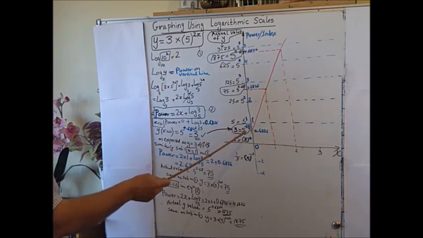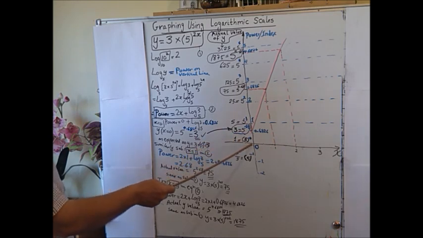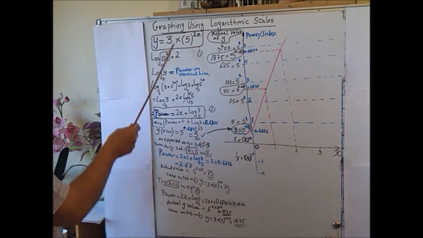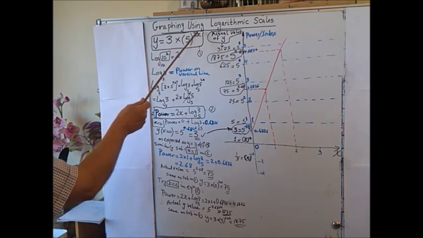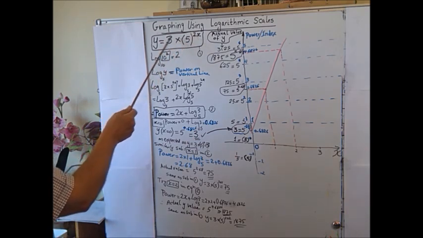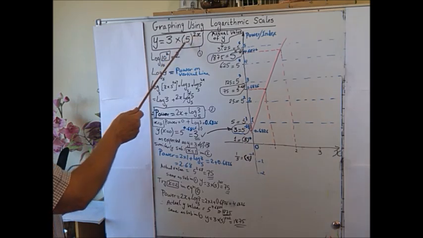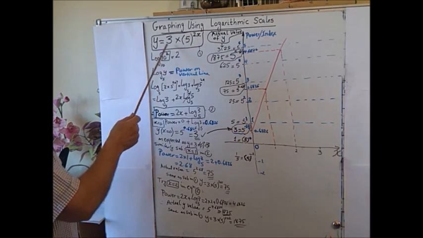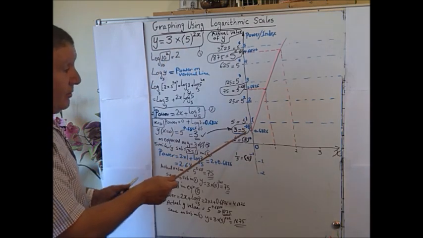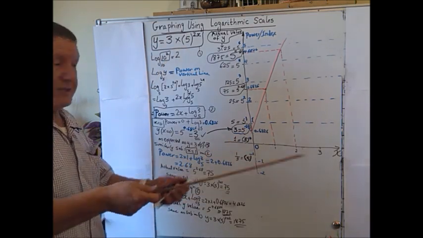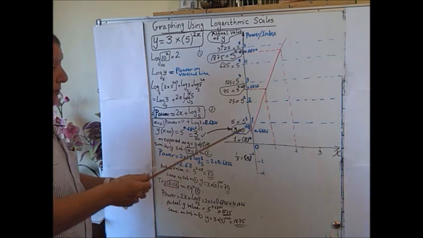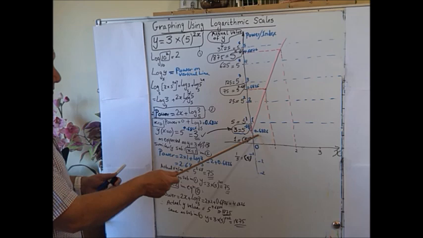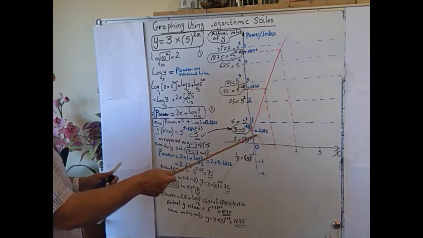Normally, if x is 0, you put 0, so this will be 3 times 5 to the power 0. 5 to the power 0 is 1, so y is 3. This is our expectation if we solve it the usual way. We know the value. But what is the power here, using the power on this graph?